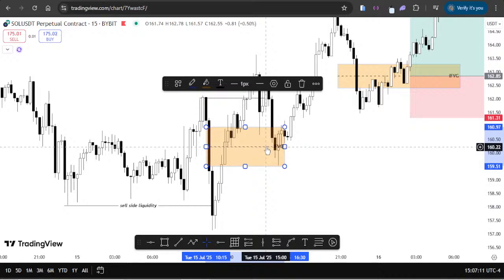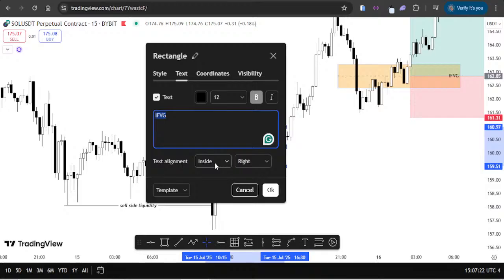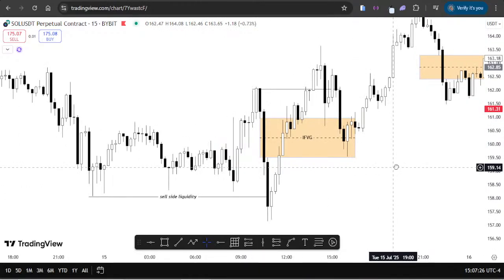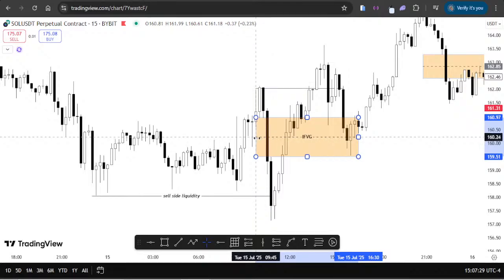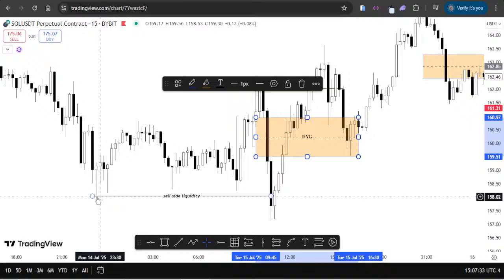Because that is where there is an imbalance in the delivery of buy side and sell side liquidity, as the case may be. So this fair value gap was formed when price took out this external liquidity.